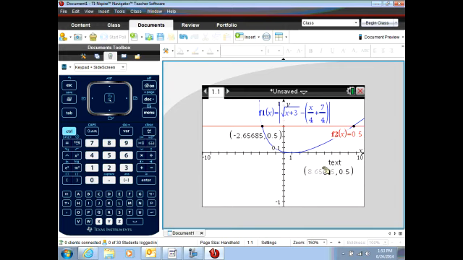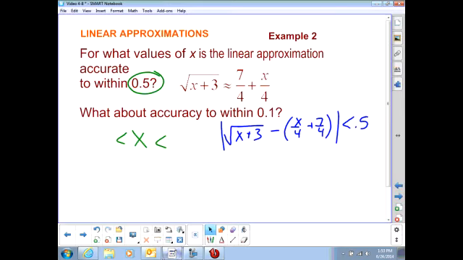So we got about negative 2.65 and 8.65 as the x values it must stay between. So as long as x is between about negative 2.656 and positive 8.6568 or so, that is when we stay within 0.5, representing a good linear approximation.